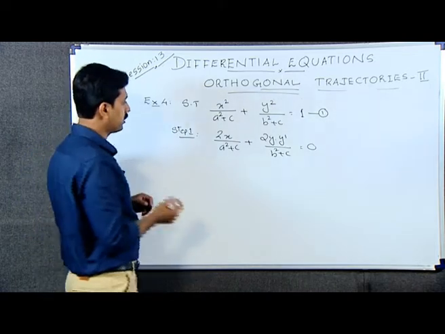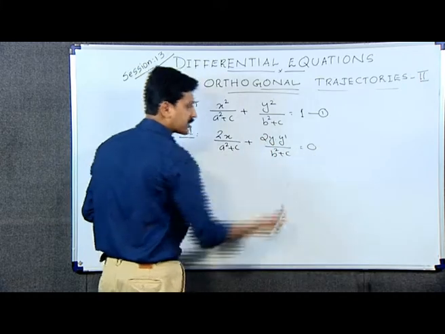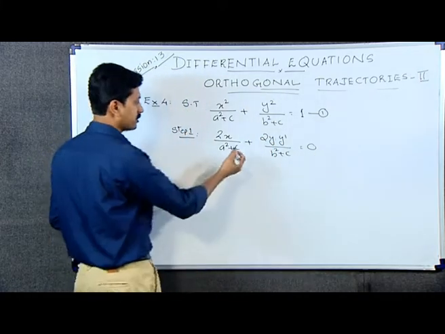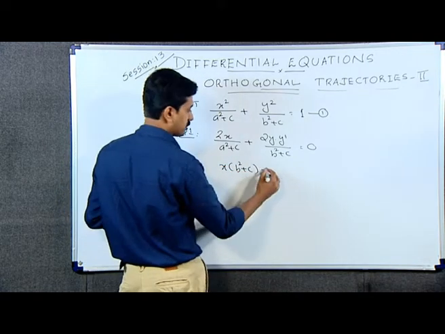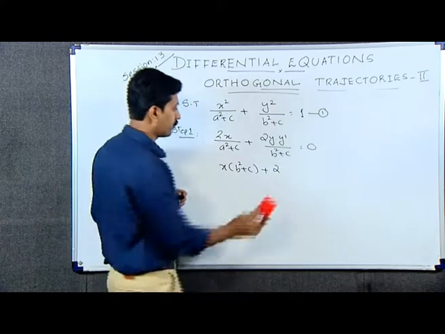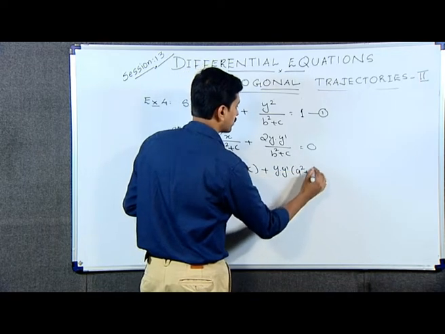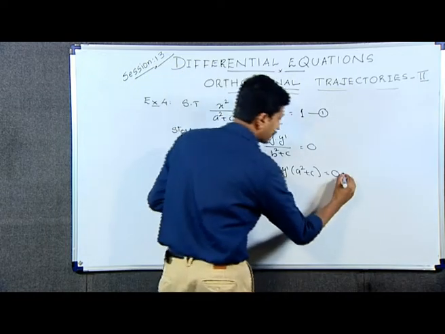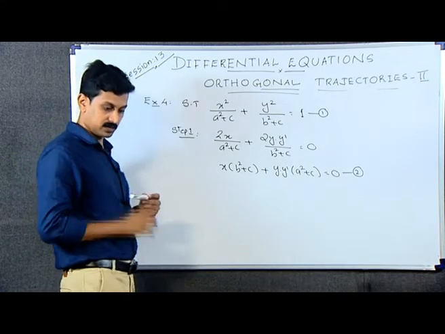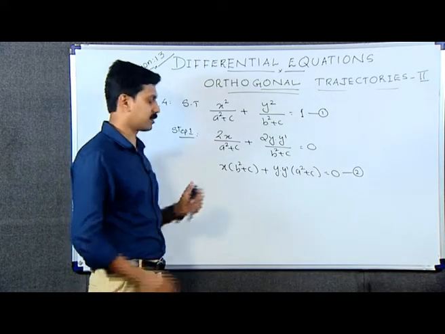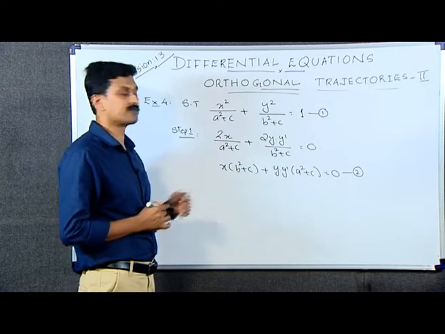From here I am taking 2 and 2 out, and taking the other term to the right side, we will have x into b square plus c plus y dash into a square plus c equal to 0. I am taking this as equation 2. Equation 2 is the differential equation corresponding to 1.